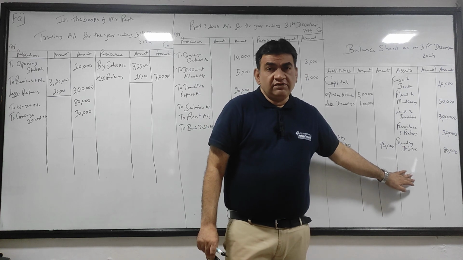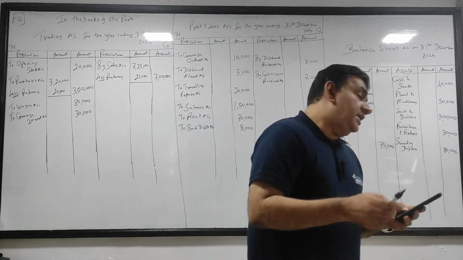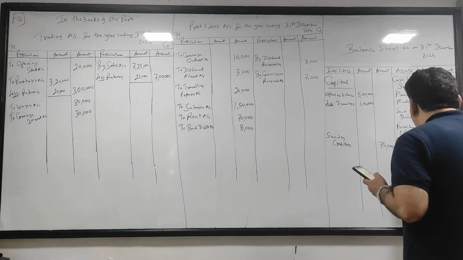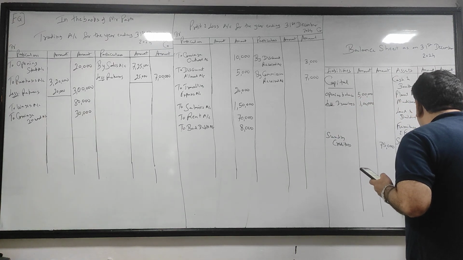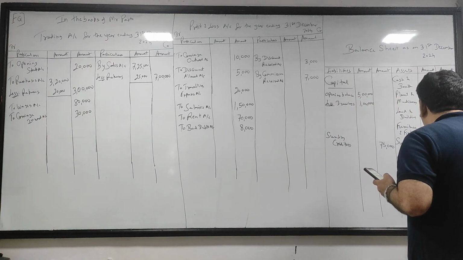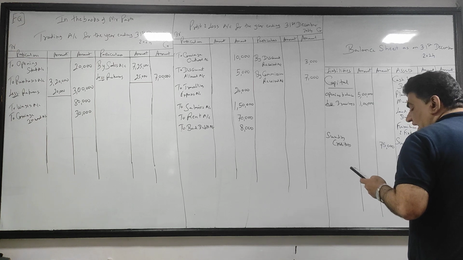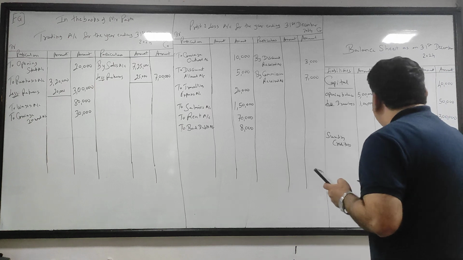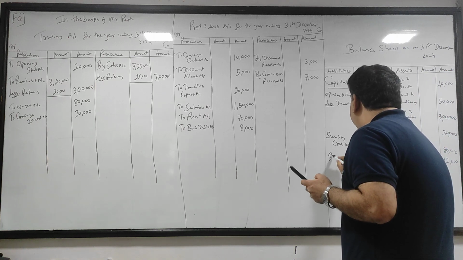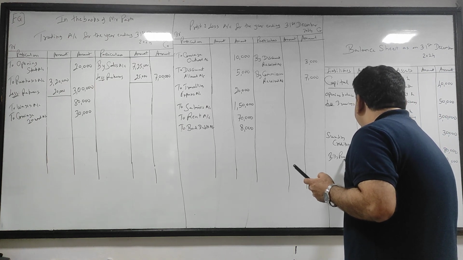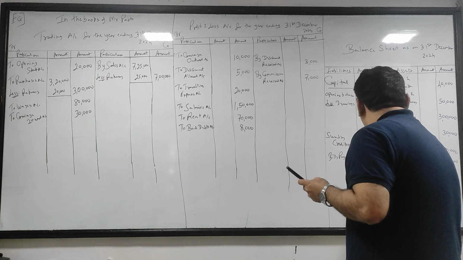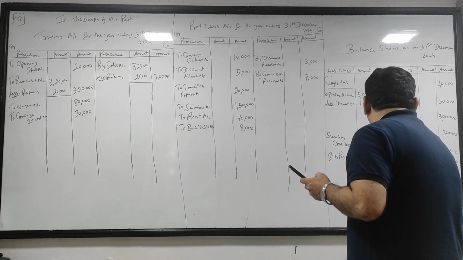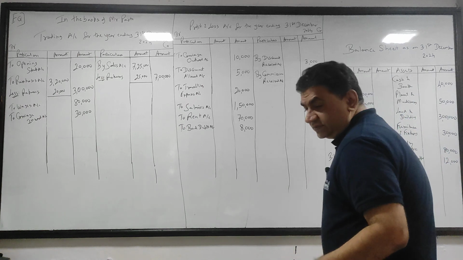So bills receivable will come here. पहले लिख लेते हैं, then I'll explain. Anything receivable is an asset. So bills receivable is an asset, that is 12,000, and anything payable is a liability. So bills payable will be a liability, that is 20,000.